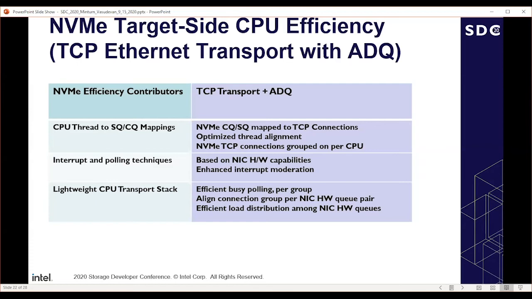As far as interrupt and polling techniques go, we have some aggressive mechanisms for interrupts because we have dedicated queues, and these queues are solely dedicated to NVMe over TCP, so we don't have any dependencies on sharing, which is one of the advantages of having dedicated and isolated queues. So you can put in very targeted tuning for things like how you would deal with interrupts.